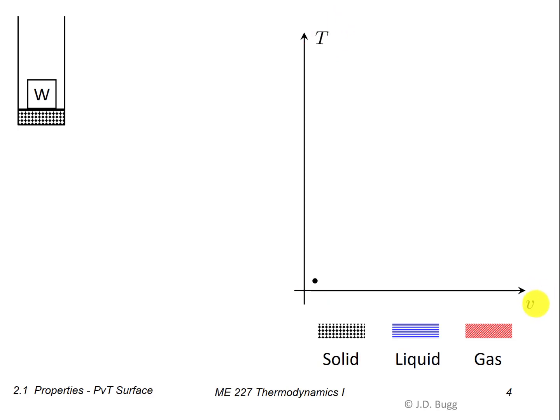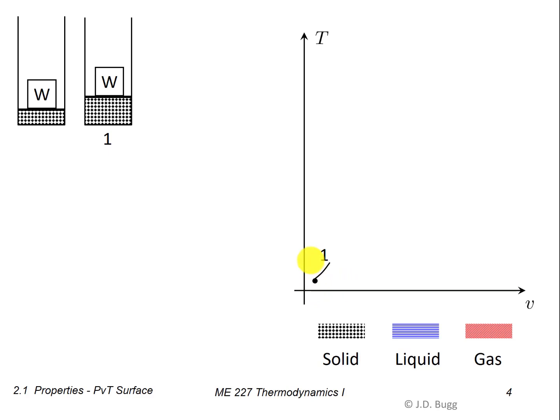So we start to add heat to this thing. The very first thing that is going to happen, we add heat to the solid, it's going to expand. So we see the volume is increasing, and the pressure, of course, is staying the same, and the temperature is going to increase. So as we start to trace out our path on the TV diagram, and remember we're tracing a line of constant pressure, we will see both specific volume and temperature increasing.